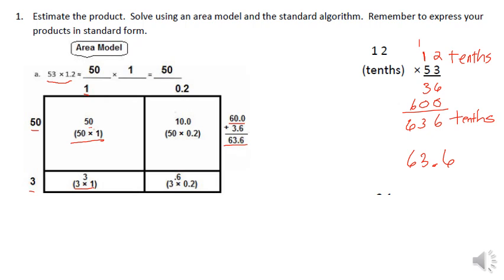Well, when they're estimating, we have 53 times 1 and 2/10. 53 is closer to 50. 1 and 2/10 is closer to 1, so we know our answer should be close to 50. And you can see our answer was 63 and 6/10, so it's reasonable.